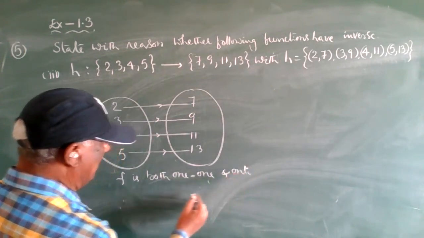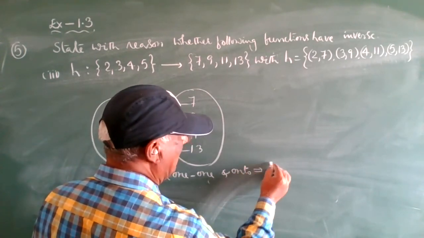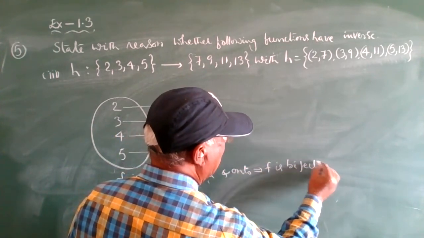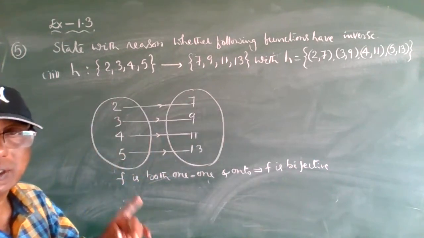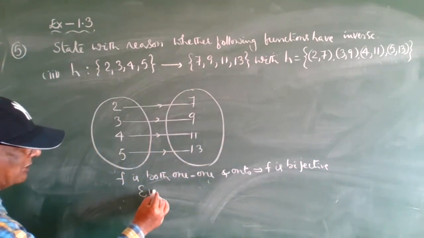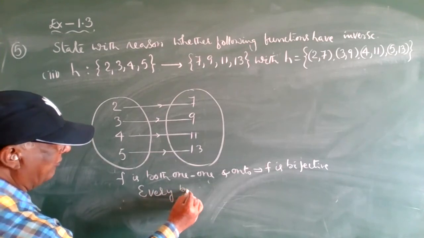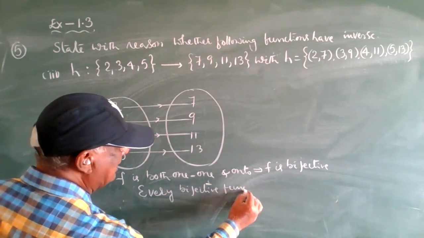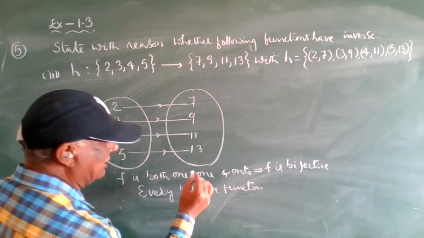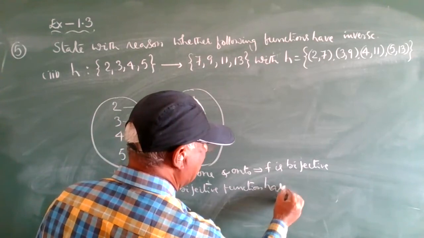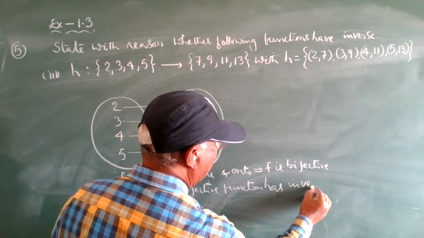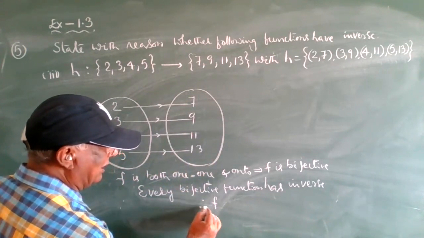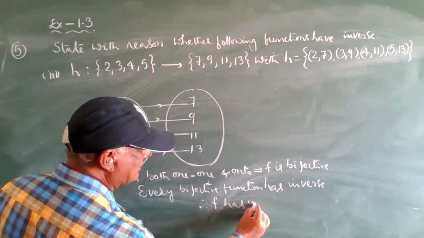That implies h is bijective. Every bijective function has an inverse. Therefore, h has an inverse.